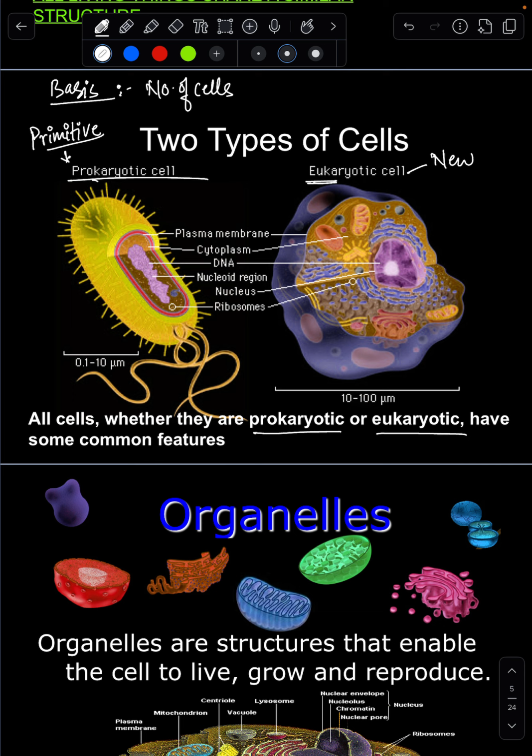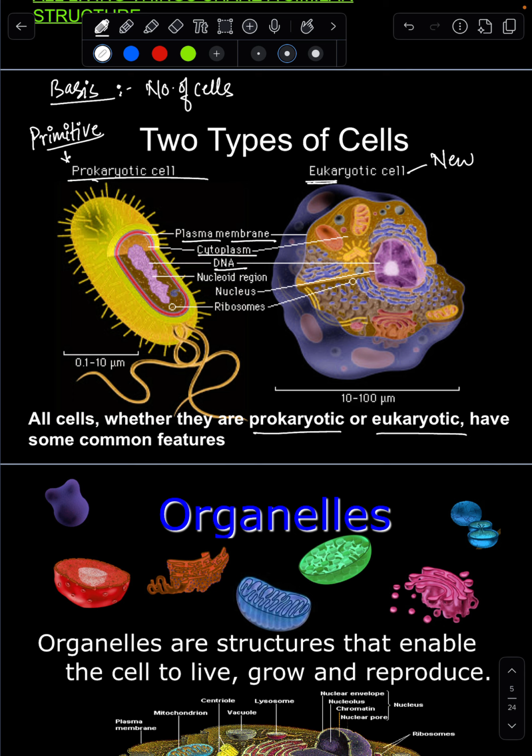Common features present in these are the plasma membrane, which is the outer layer providing structure and stability to a cell. Cytoplasm, which is the fluid present inside the cell. Then the membrane which comprises all the membrane bound organelles present inside the cytoplasm.